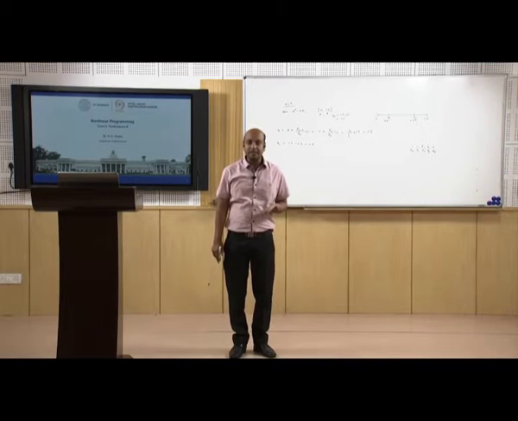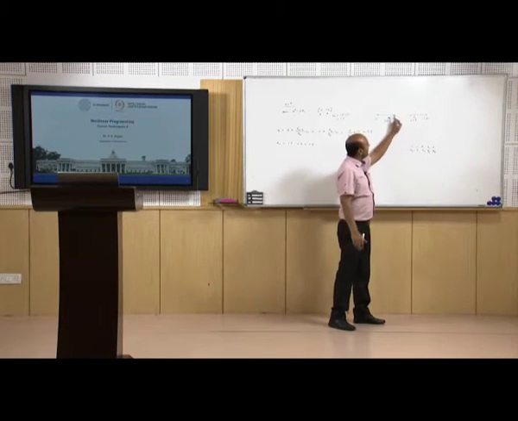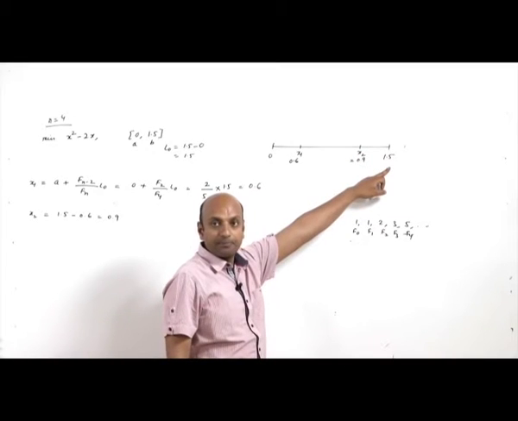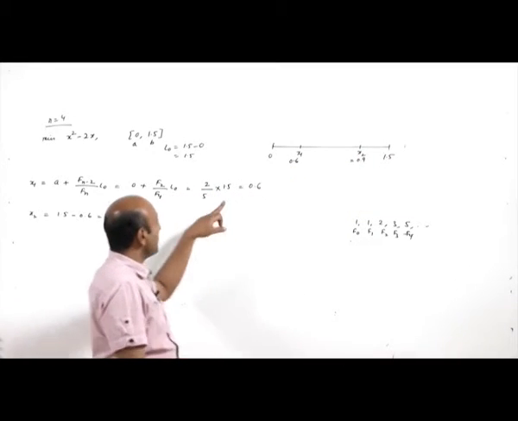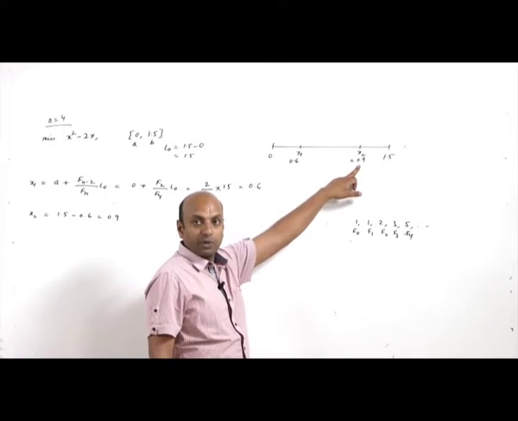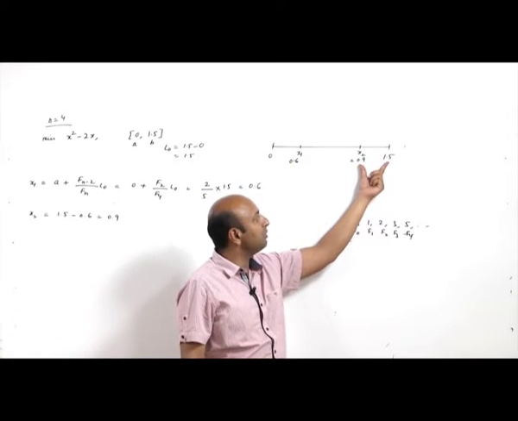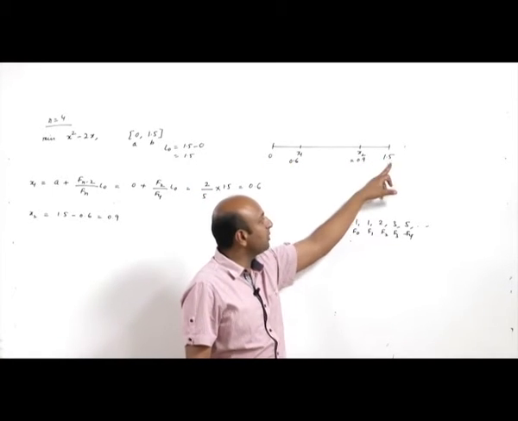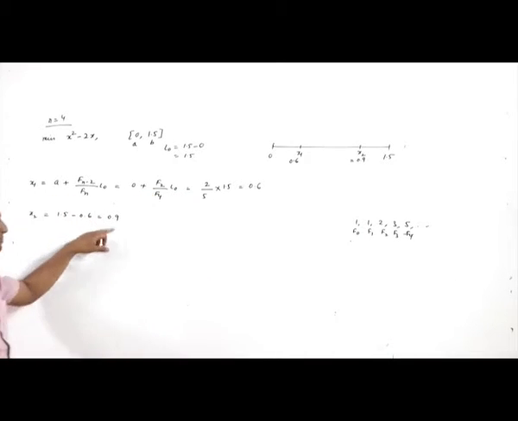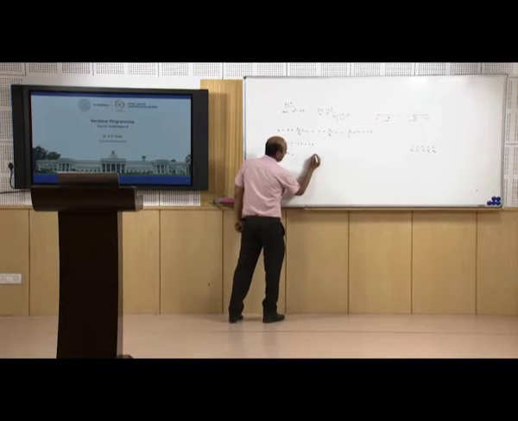As we have already discussed, we have to find the two experiments x1 and x2 such that they are placed symmetrically from the endpoints. If x1 is 0.6, x2 will be the same distance from the other end, which is 1.5 minus 0.6, that is 0.9. Now, you find f of 0.6 and f of 0.9.